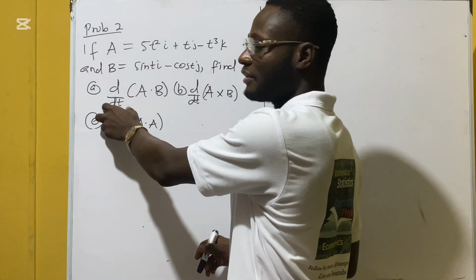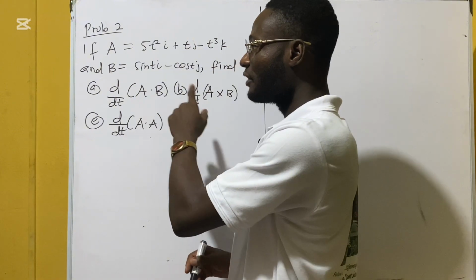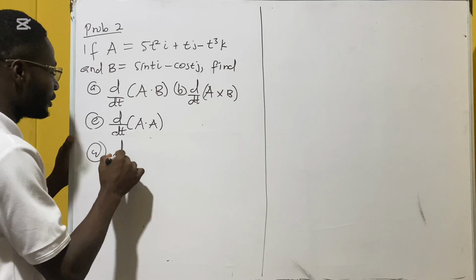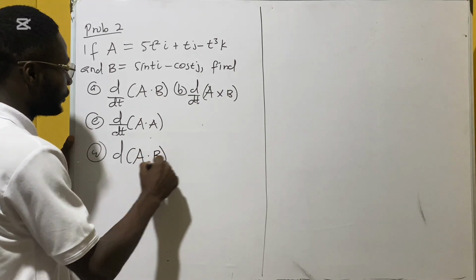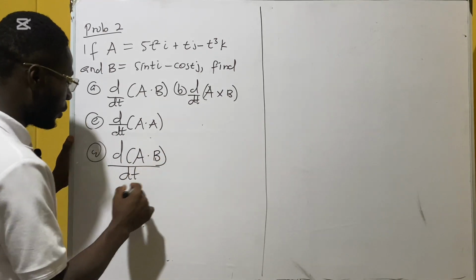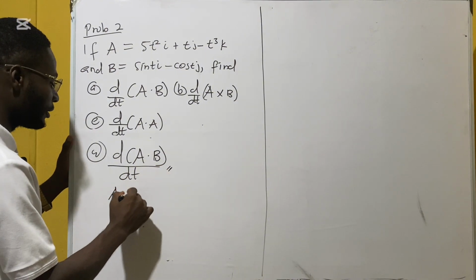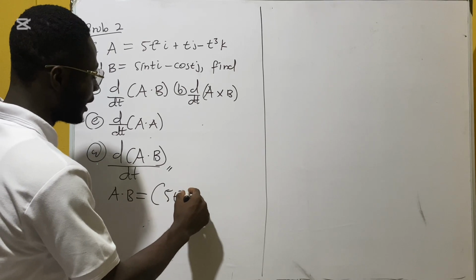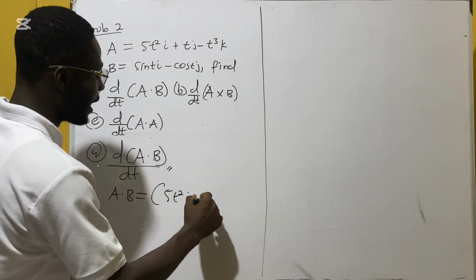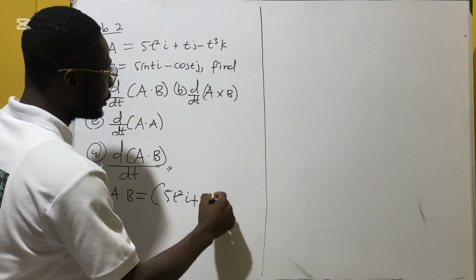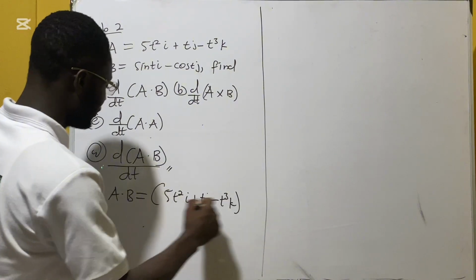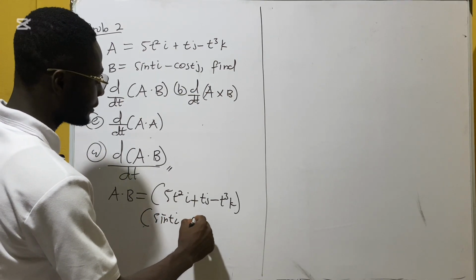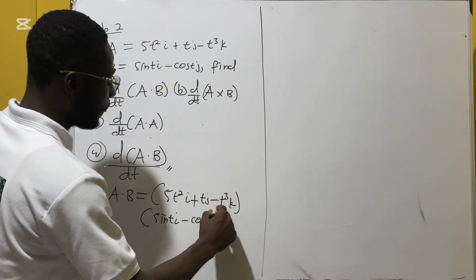Then we take the differential of that with respect to t to have the differential of A dot B with respect to t. So first, our question A, which is the differential of A dot B with respect to t, we have to first find A dot B. And that is equal to 5t squared i minus 5t squared i plus tj minus t cubed k, dotted with sine t i minus cos t j.